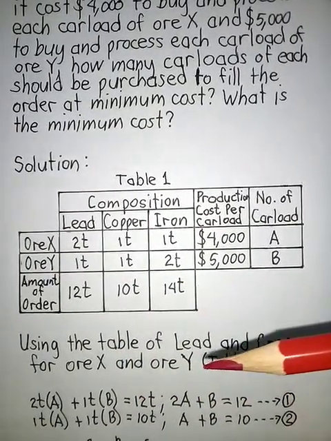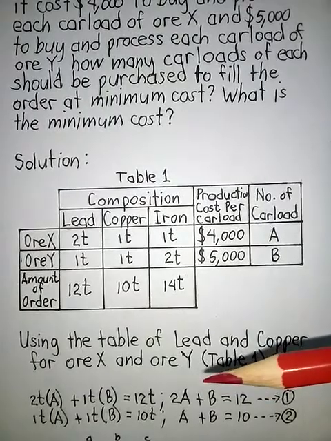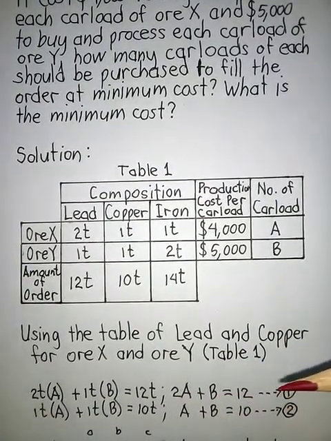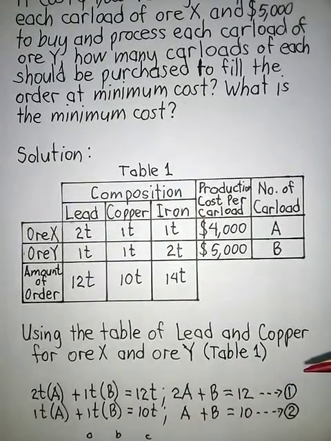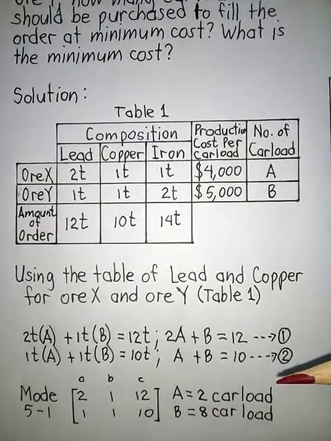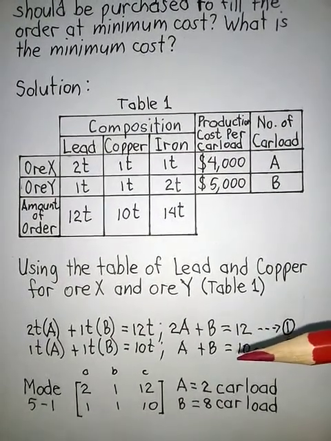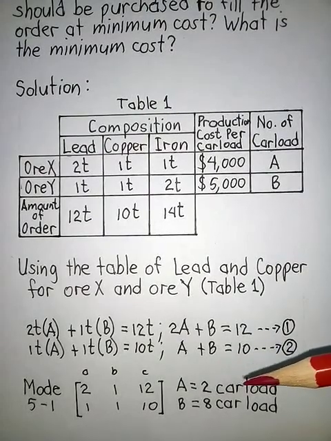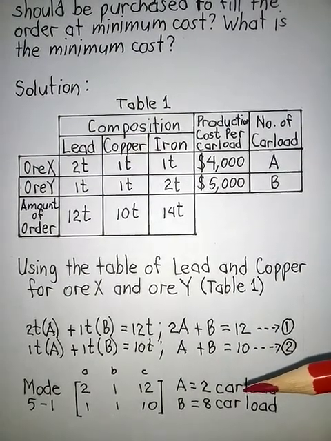So, multiplying that, we will get 2A plus B is equal to 12, and A plus B is equal to 10. This is two equations with two unknowns, and using mode 5.1 of our calculator, we will get A to be 2 carloads and B to be 8 carloads.